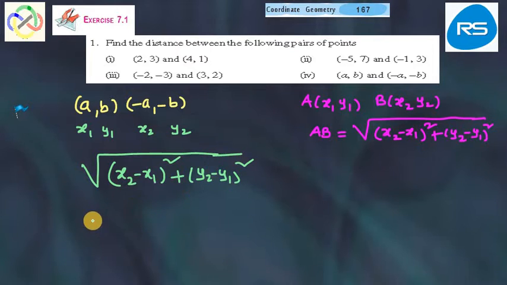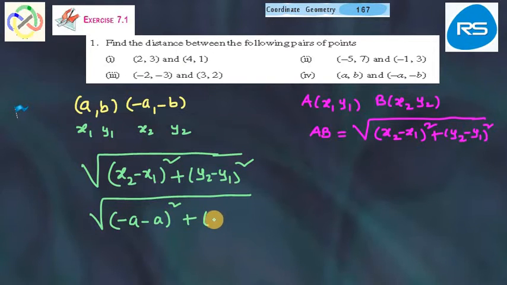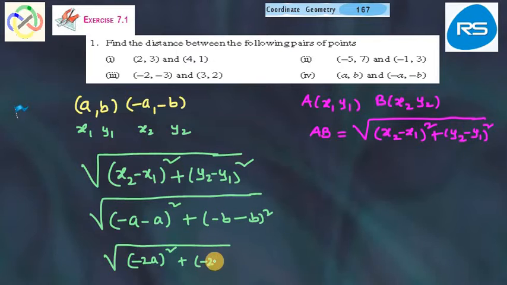Substituting all the values: x2 minus a minus a, so minus 2a whole square, plus y2 minus b minus y1, which is b, so minus 2b whole square.